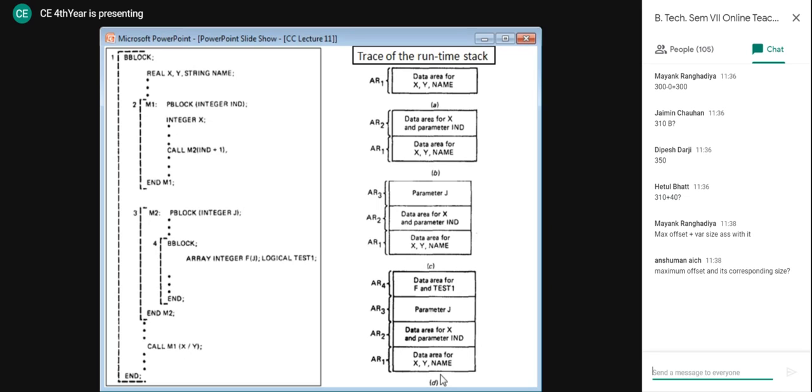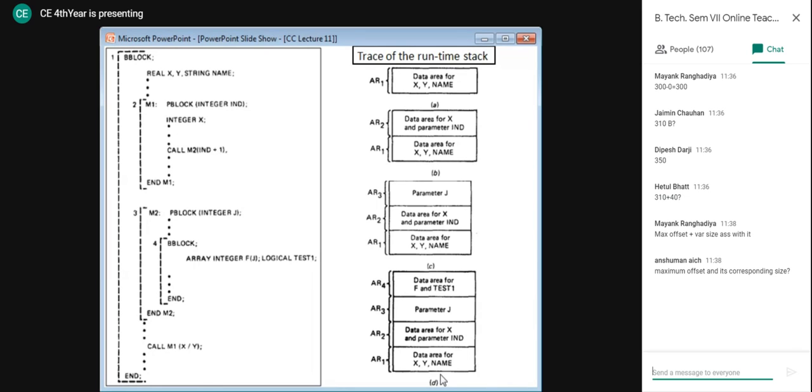Then the third block that we have is having one integer passed as an argument. So we will call it parameter j, which will be in our activation record number 3. Then we have one more block inside it, which is having an array f and a logical variable test1.